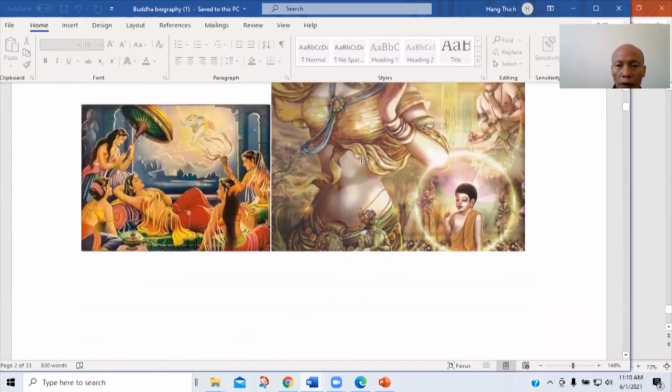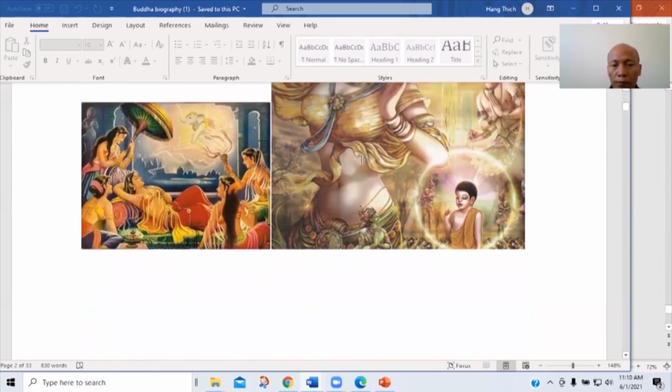So the king invited some Brahmins to give a prediction for his future son. Eight of them were invited to the court.